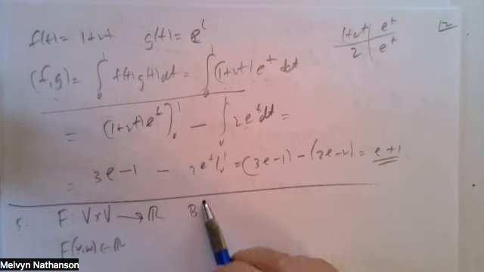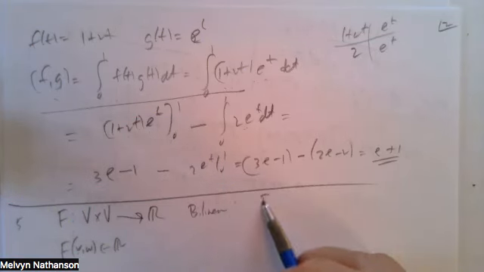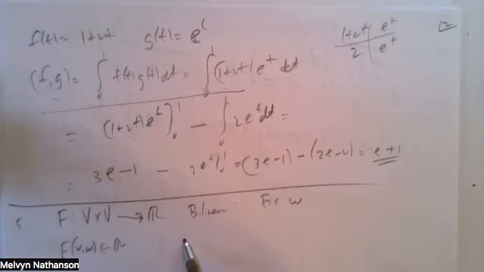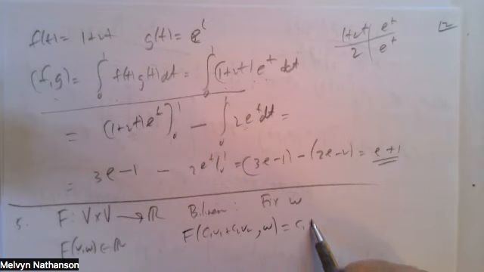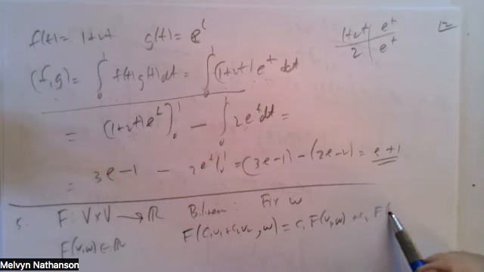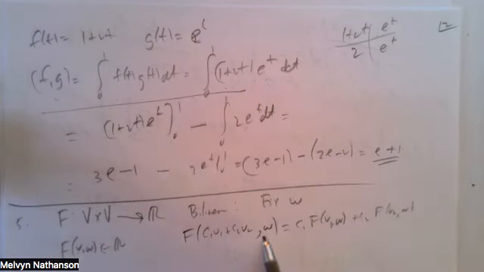To say it's bilinear means that if you fix W and you look at f of, let's say, C1V1 plus C2V2, comma W, so this is some linear combination of vectors in V, this will be C1 f of V1, W plus C2 f of V2, W. It's just like saying for fixed W, this is a linear transformation of the vectors in the first variable.